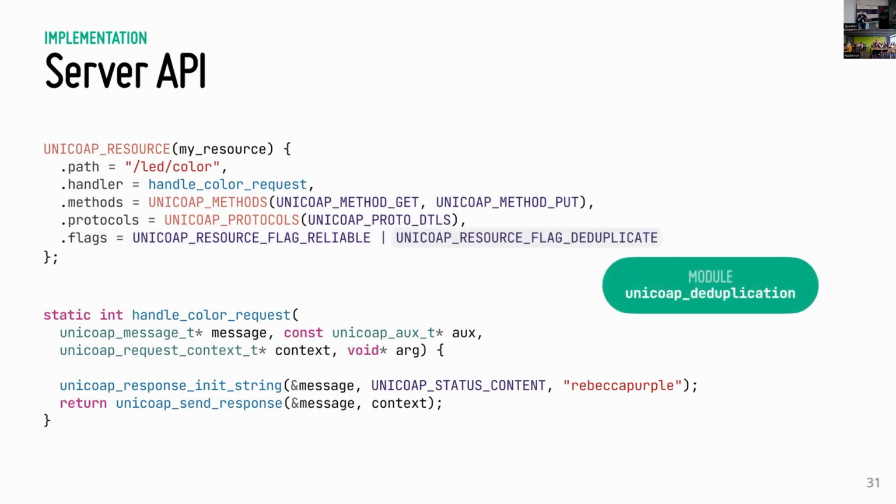We also optionally support deduplication, which is a pull request that will come later on, where duplicate messages received over unreliable transports are filtered out. So if the resource is doing something very expensive, which may be a niche use case, I know, then you can use that feature.